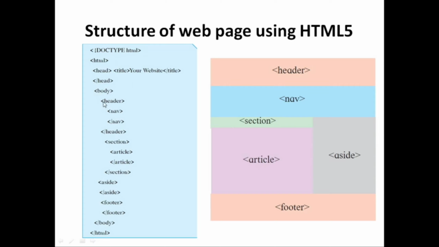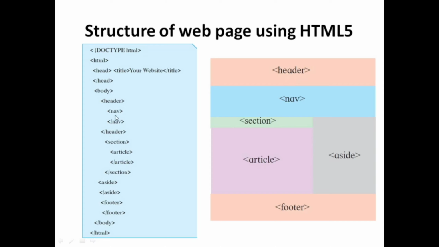Some additional tags have been introduced within the body part. Once you begin your body tag, you have a header tag. This header tag will appear here. Now imagine this whole is your browser window. Whatever you write within this header tag will appear in the top part of the browser.